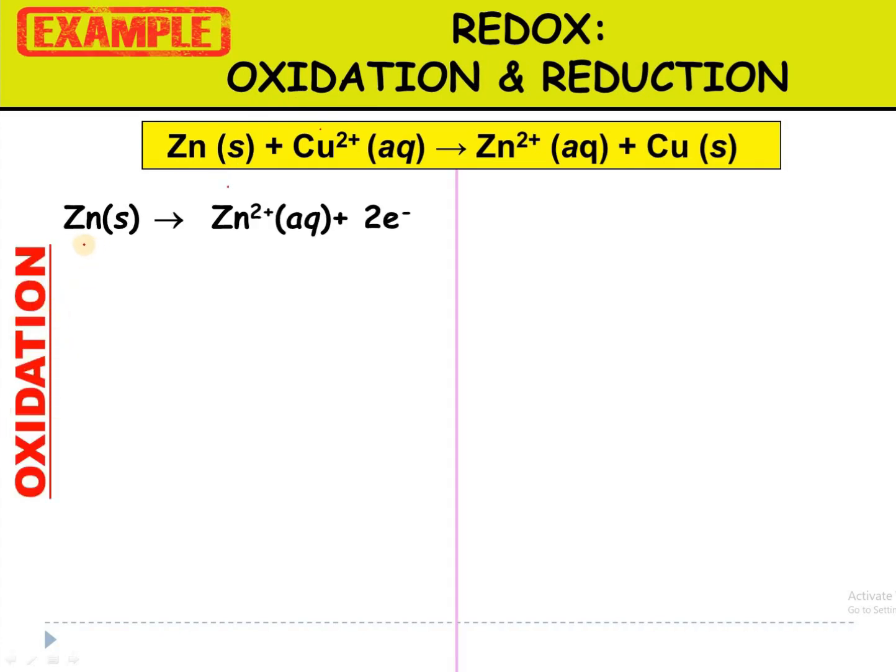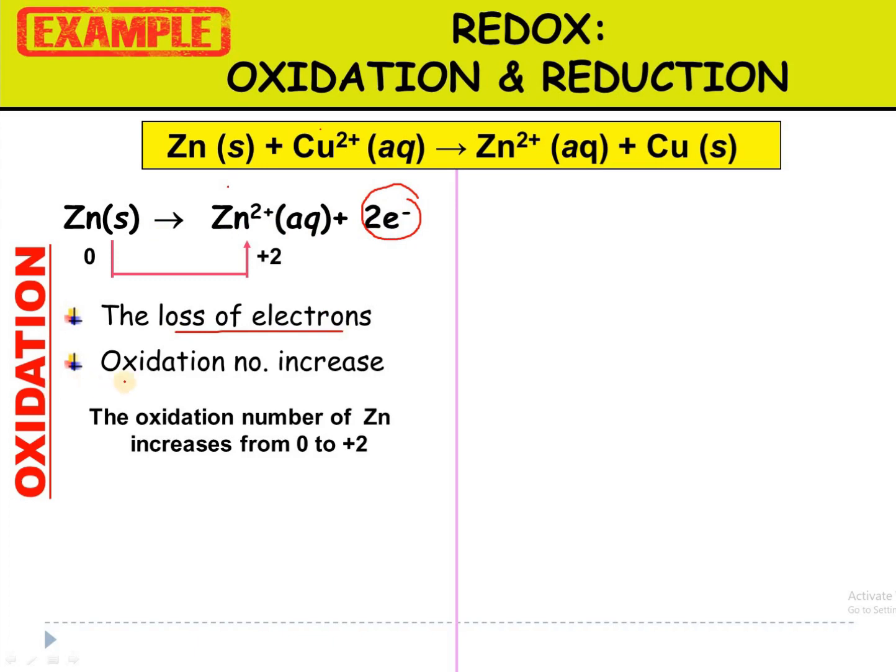At the oxidation side, we have the half reaction for the zinc. Based on the half reaction, zinc solid produces zinc 2+ ion and loses 2 electrons. So oxidation is loss of electrons.